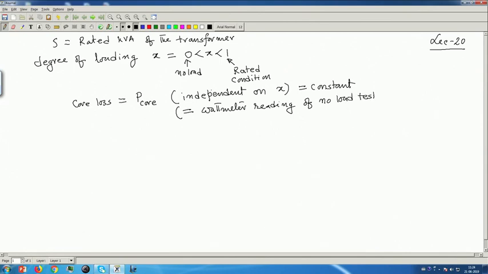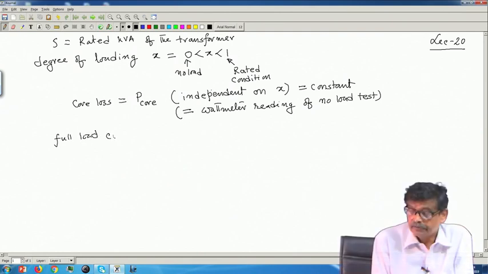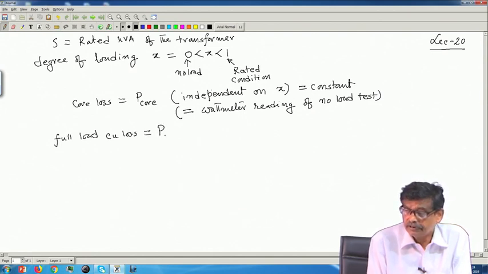So, this value is known, and then I defined the full load copper loss, as I use this notation, P CU full load.